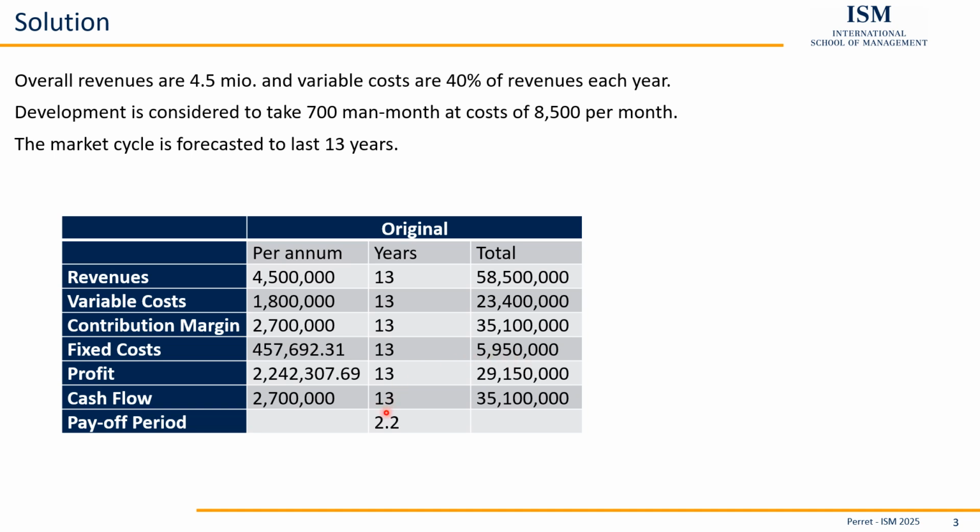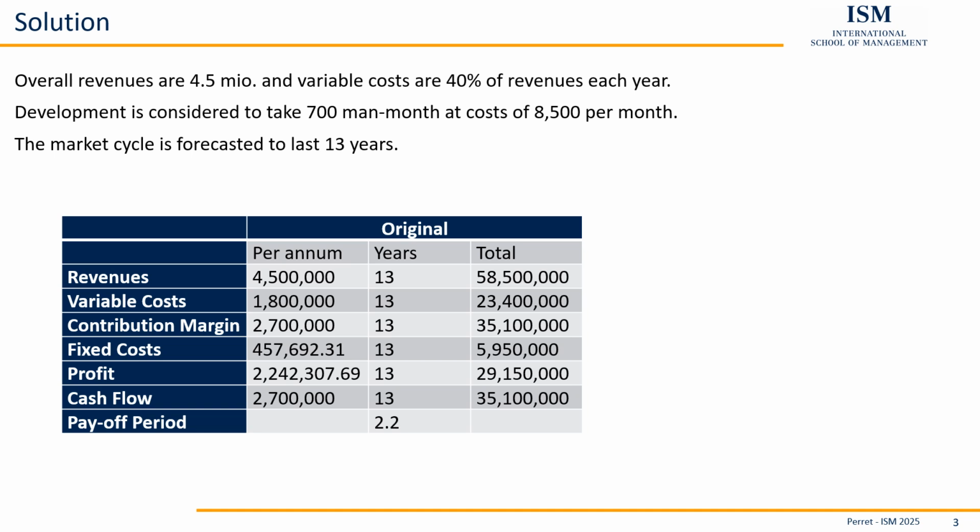In other words, after 2.2 years I have earned enough money to fully pay back my development costs. In other words, I reached the break-even point in my product lifecycle. Well, that's for the first version of the product.